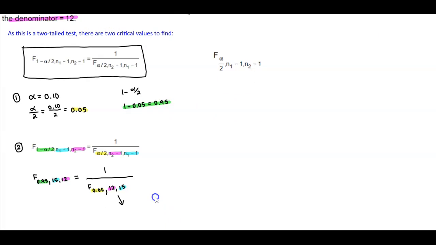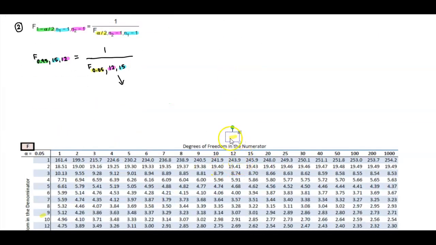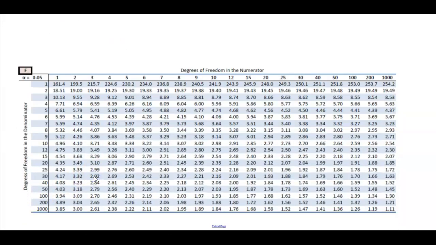Now we're going to come down here and take a look at the chart. We know the degrees of freedom in the numerator is going to be 12, and the degrees of freedom in the denominator is going to be 15.